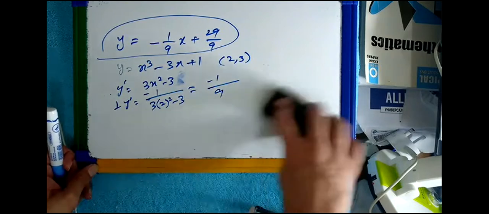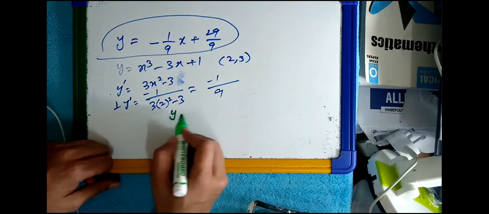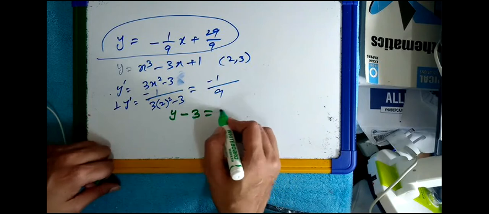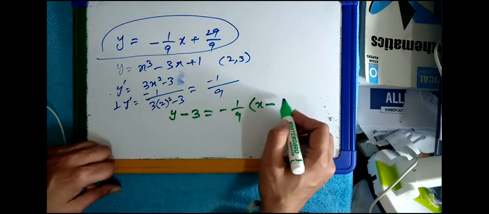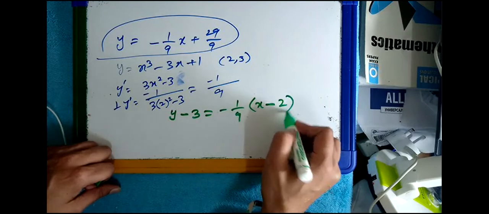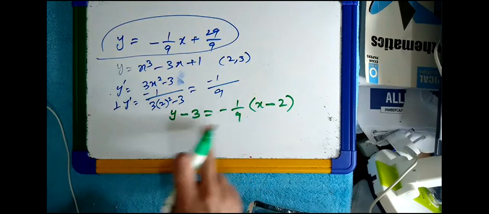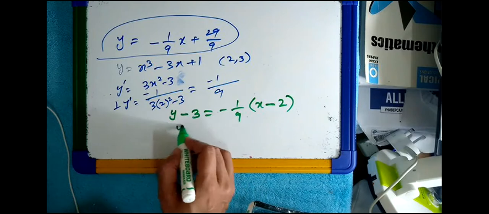As you did, I will do the same. So basically, y minus 3 equals the gradient, negative 1 over 9, times x minus 2. Can we shift this 9 over to the left side or not? Let's try it.